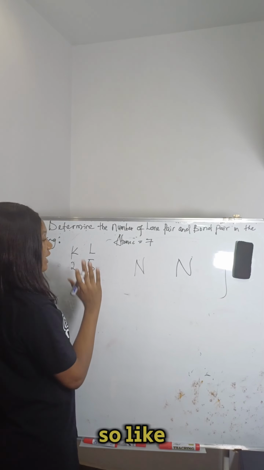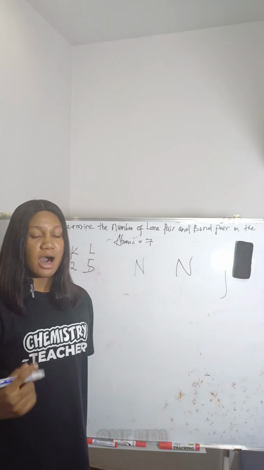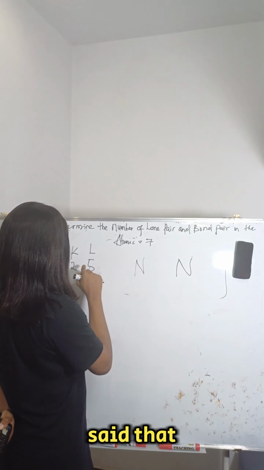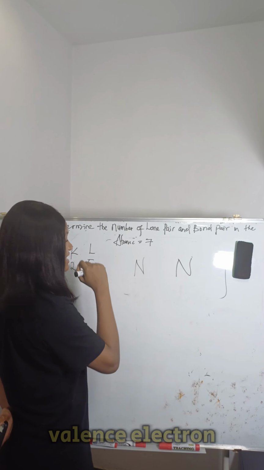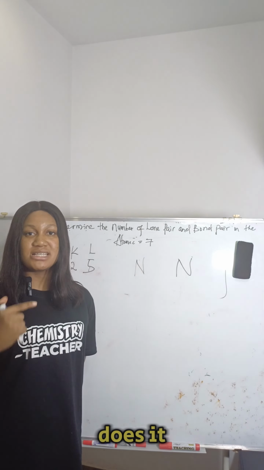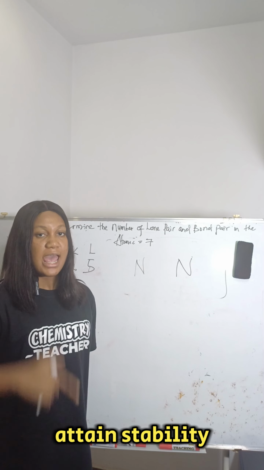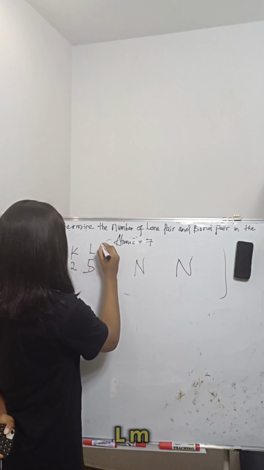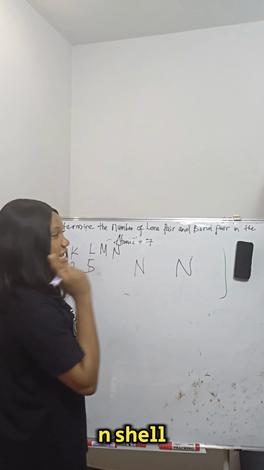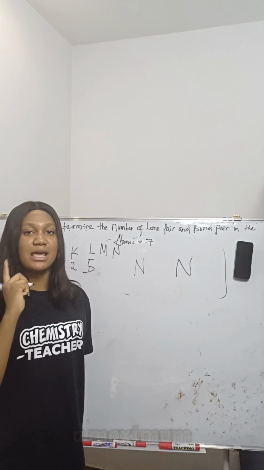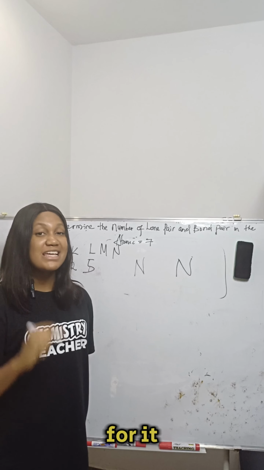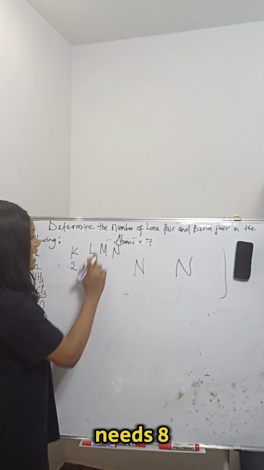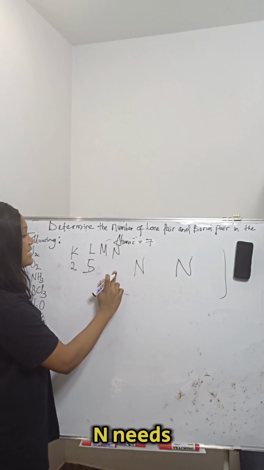Like I said when we were trying to form our bond for CO2, this N has 5 valence electrons. How many does it need to attain stability? Like I would always reiterate, don't forget that your shell needs a maximum of 8 electrons to attain stability. So L needs 8.